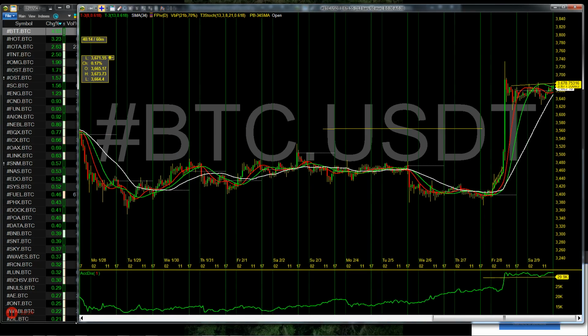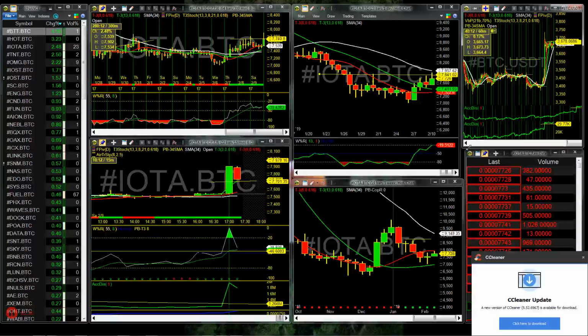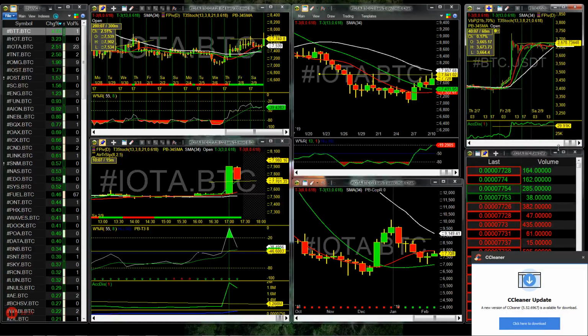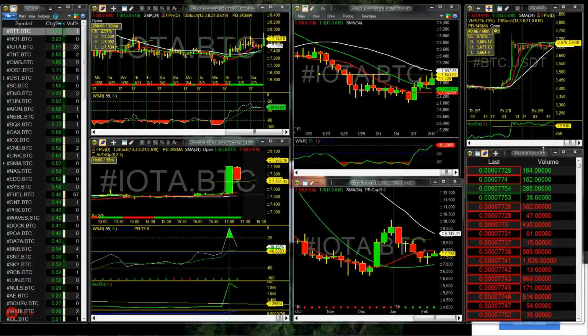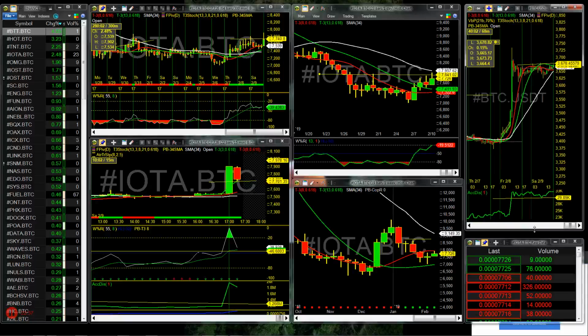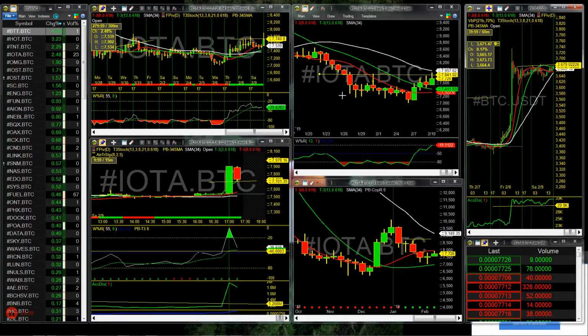Hallelujah. There's the 50% rule on IOTA. Watch for the spike down.